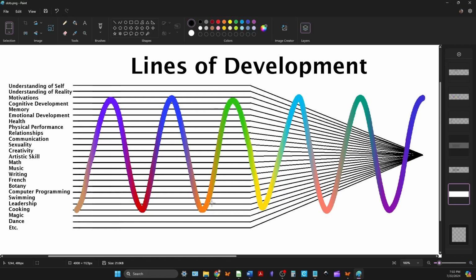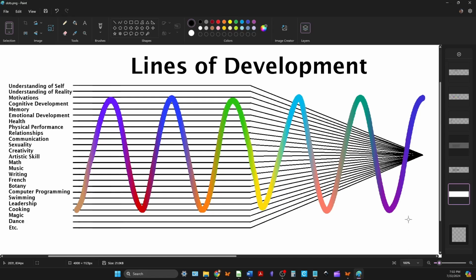And this is why. It's because you might have most of your lines developed to a green stage, but then you have a few that are still back in orange or blue or red or purple or whatever. And you might have a few that are ahead of you where you've developed certain lines further, say into yellow or even turquoise.